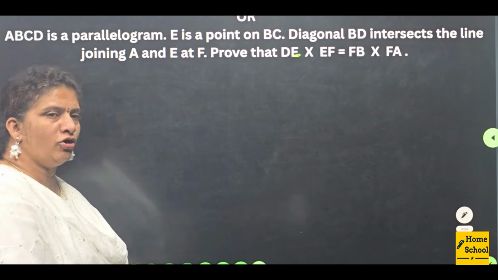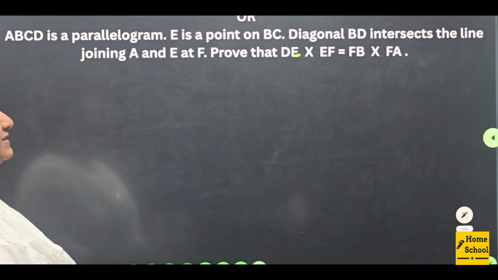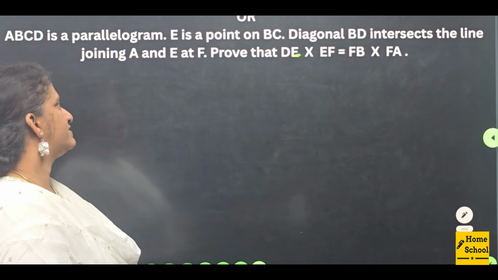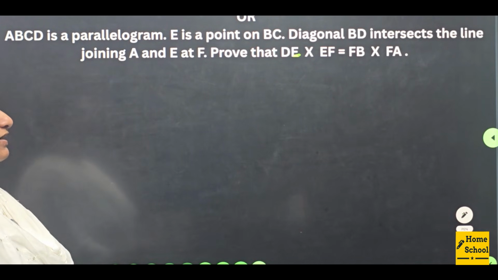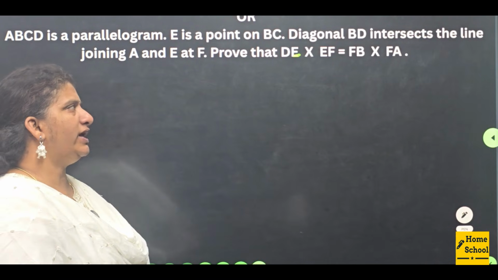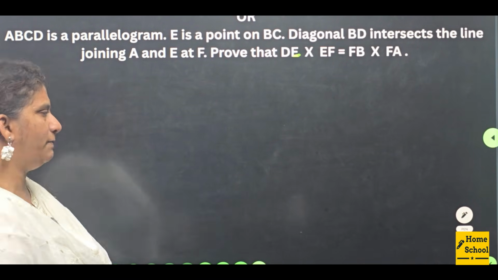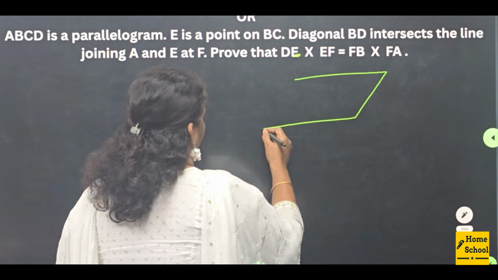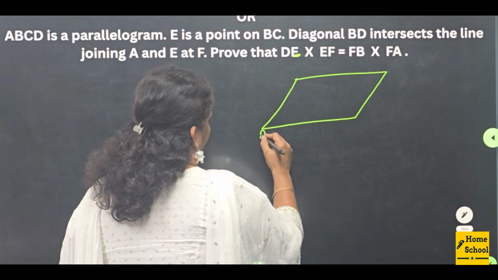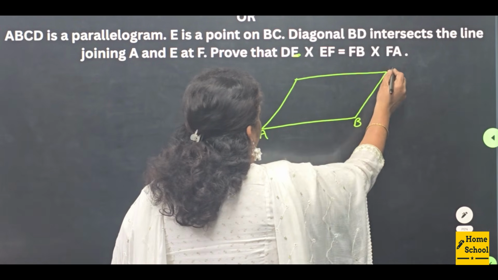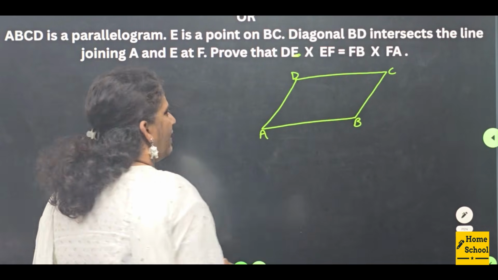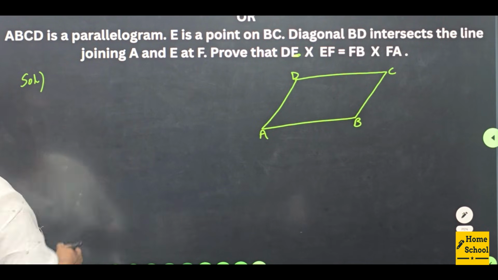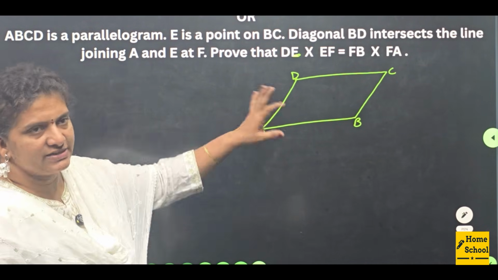In this, we have one more OR question. ABCD is a parallelogram. E is a point on BC. Diagonal BD intersects the line joining A and E at F. Prove that DF into EF is equal to FB into FA. Okay, first let us draw a parallelogram. ABCD is a parallelogram.